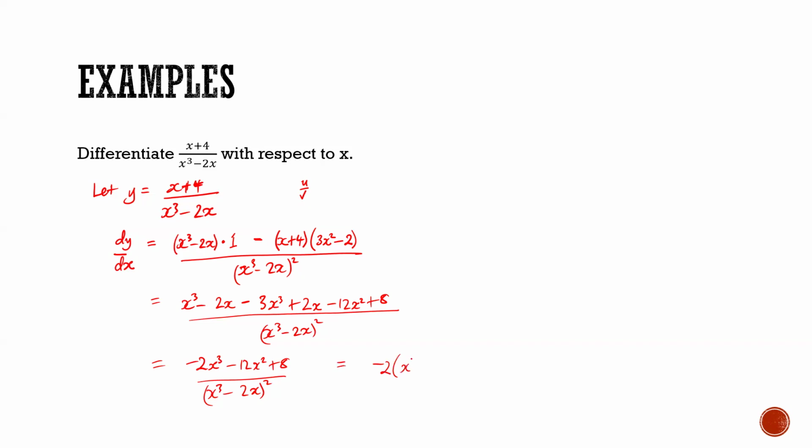So this is x cubed plus 6x squared minus 4 out of x cubed minus 2x all squared. And that would be your derivative of that function. So you'll have differentiated that function with respect to x.